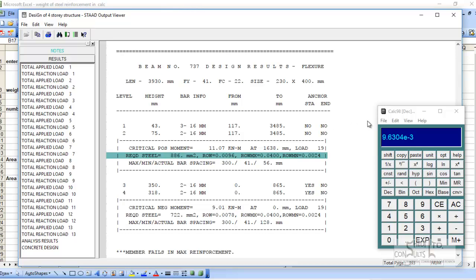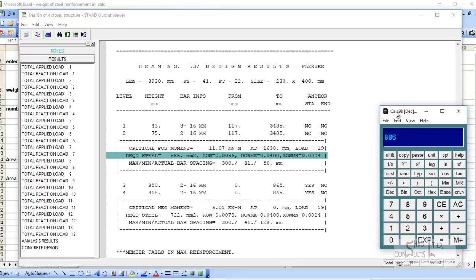So 886 divided by 230 divided by 400 gives you 0.96%, which is exactly what you have here. It is correct, and it now tells you what the minimum percentage is, and what the maximum percentage is. Minimum is 0.2%, maximum is 4%, and then we have 0.96, so we are fine.